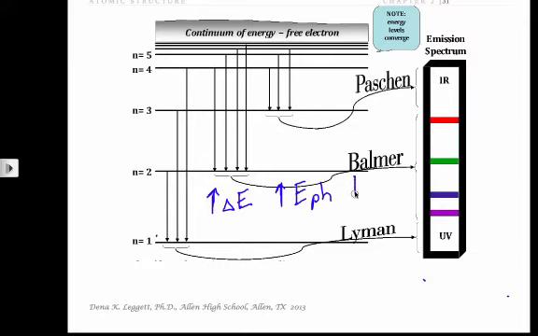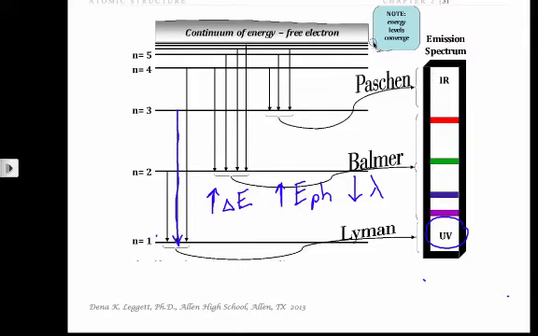That means you're going to decrease the wavelength. It's going to be a shorter, higher energy wavelength. So the ultraviolet is for the Lyman series because these energy differences are larger here. My picture might not be quite to scale, but it gives you an idea.